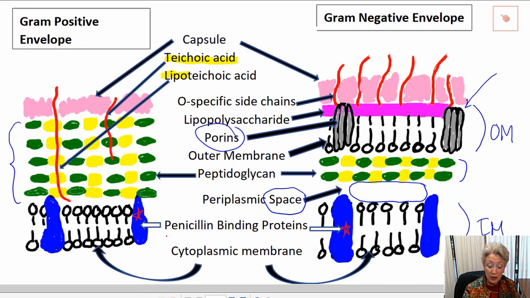And as the name implies, these are the molecules to which penicillin-style drugs attach. That's not actually the issue of how they function, except for the fact that penicillin binding proteins are actually enzymes that will create the cross-linkages within the peptidoglycan molecule.